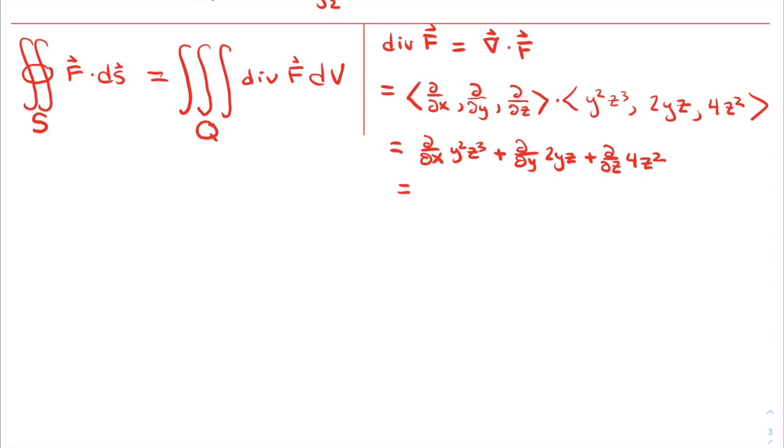Do the derivatives, so you get 0 plus 2z plus 8z. So I sort of love that. So it's 10z.